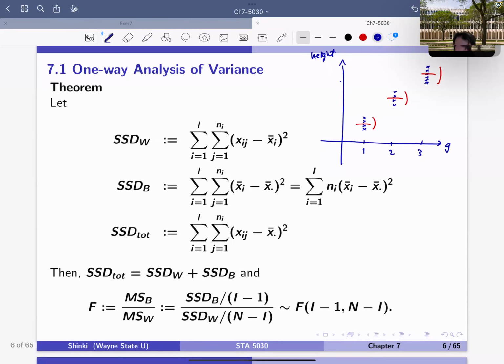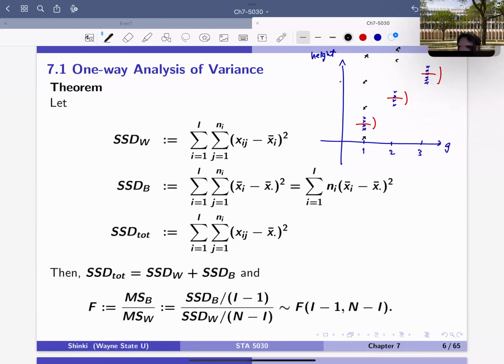Right? And even if the group means are the same, if the variability is much larger, probably we cannot get the same conclusion. If the 4 observations in group 1 are like 1, 2, 3, 4, and group 2 is like 1, 2, 3, 4 or something, then it's unclear whether the height of group 2 is really larger than the height of group 1.